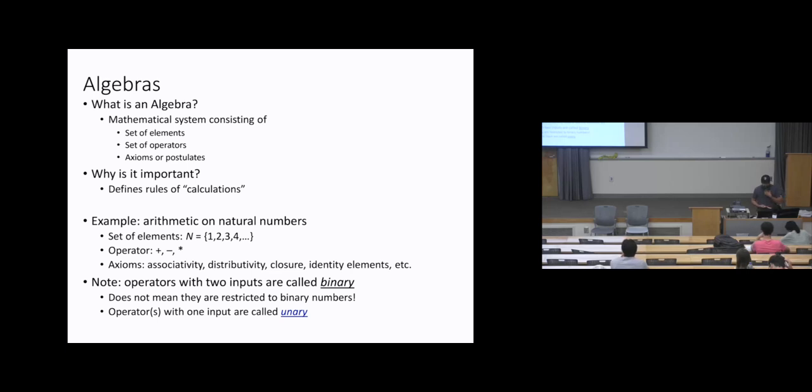Most likely, in algebra in mathematics, we deal with numbers such as zeros, ones, two, three. We'll call them decimal numbers. So there will be a set of elements and a set of numbers that we can obtain.